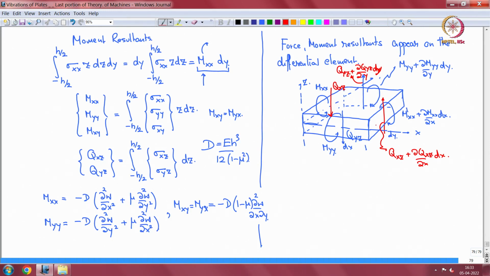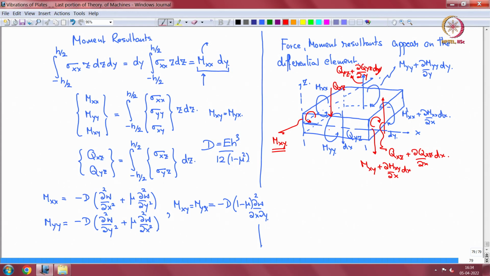On this face, these are the X faces, so I have MXY and MXY plus del MXY by del X dx.